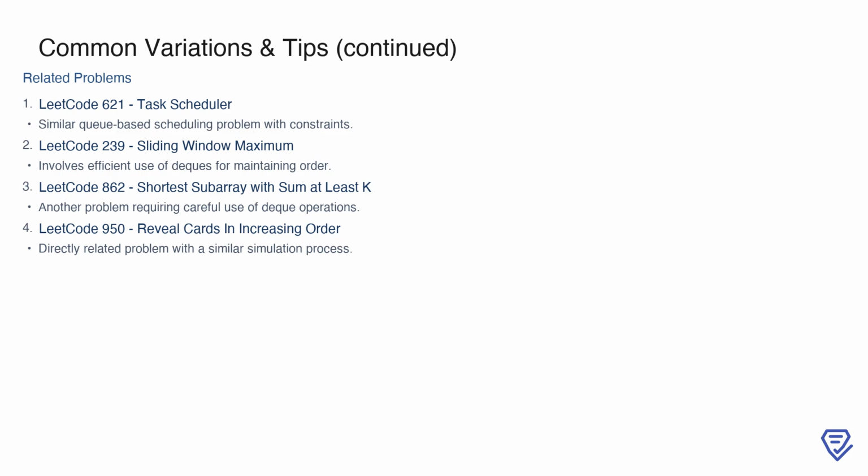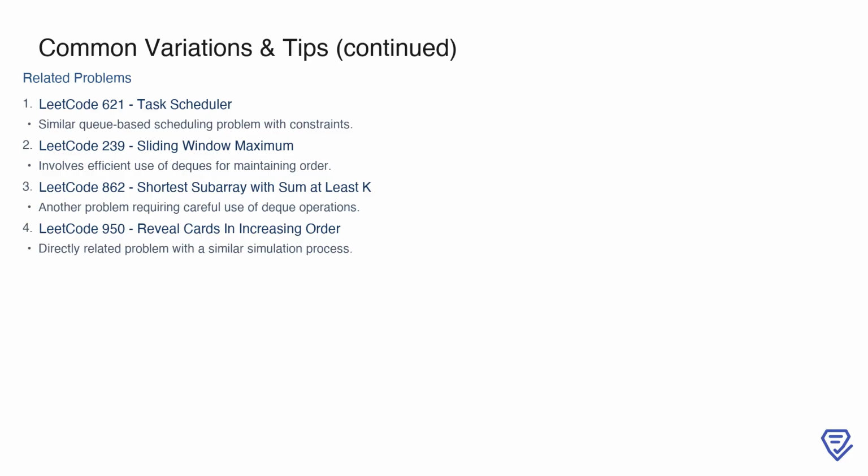LeetCode 862, Shortest Subarray with Sum at least K, also relies on careful deque operations to manage constraints effectively. And, of course, there's the problem itself, LeetCode 950, which serves as a direct application of these techniques.